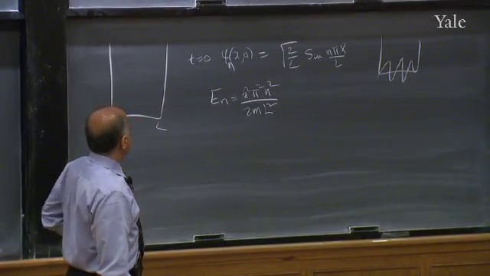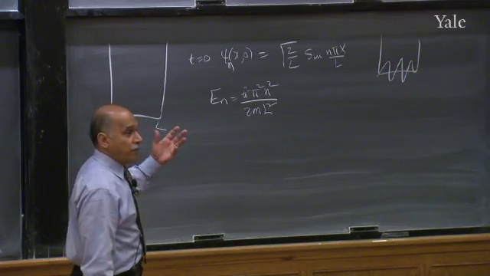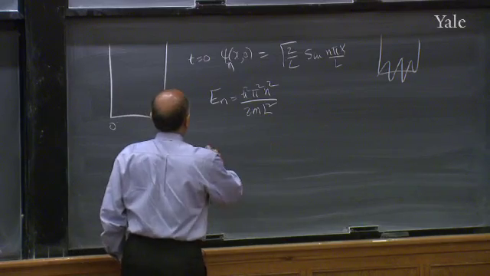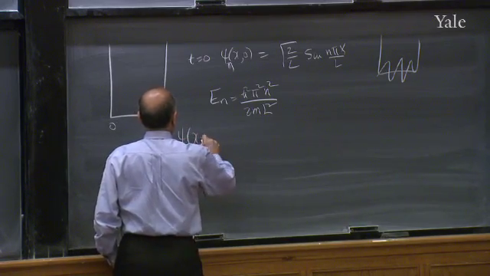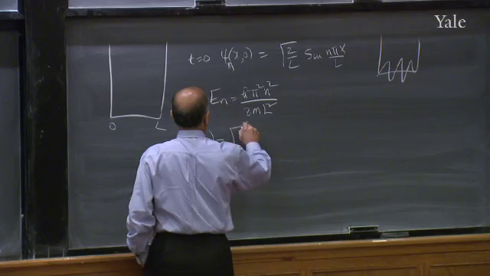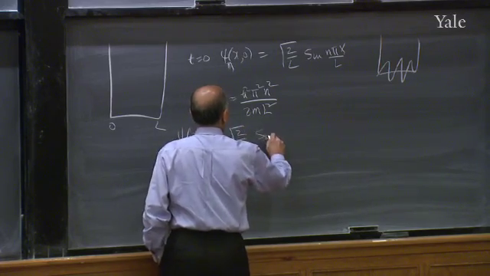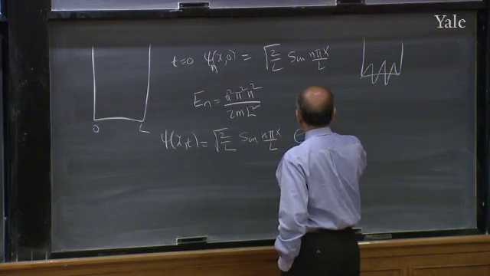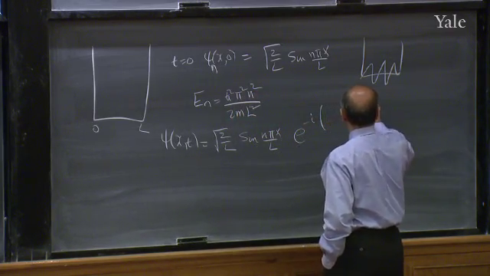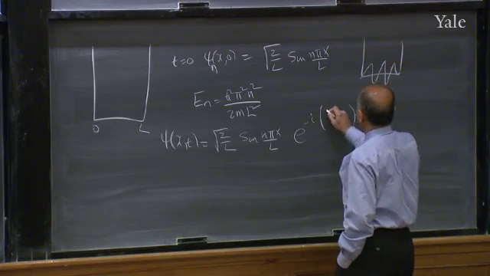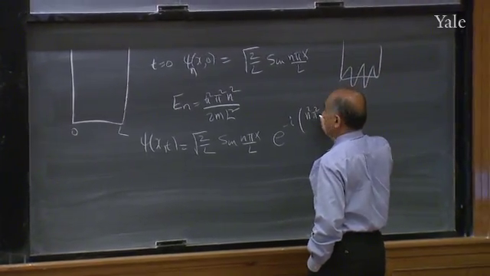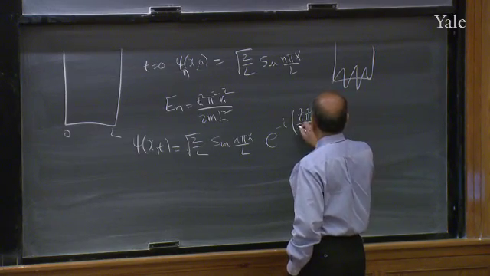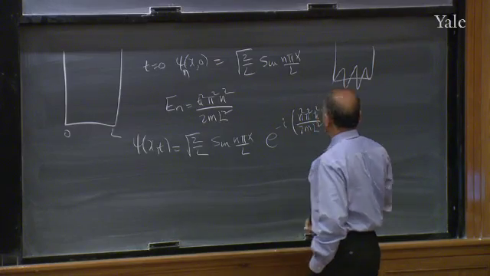And the reason why we'll be so interested in this function, now I can tell you why. If this is my initial state, let me take a particular n, then the state at any future time, psi of x and t, is very simple here: square root of 2 over L sine n pi x over L times e to the minus i t over h bar, but energy is n squared pi squared h bar squared over 2mL squared.